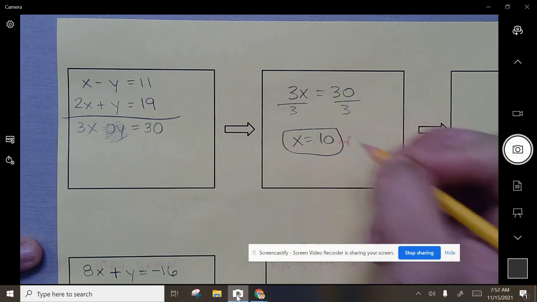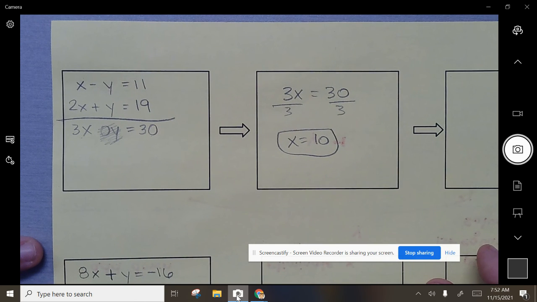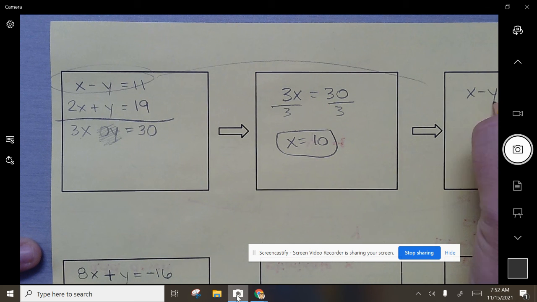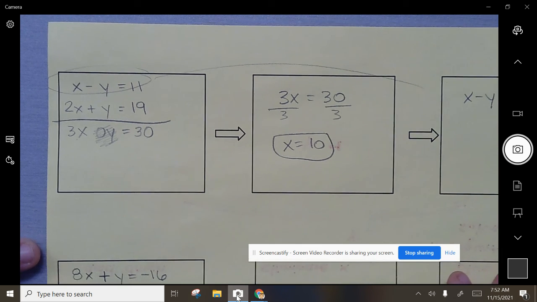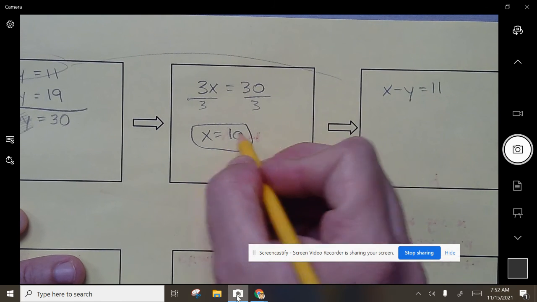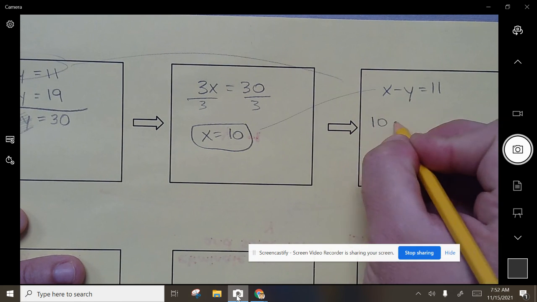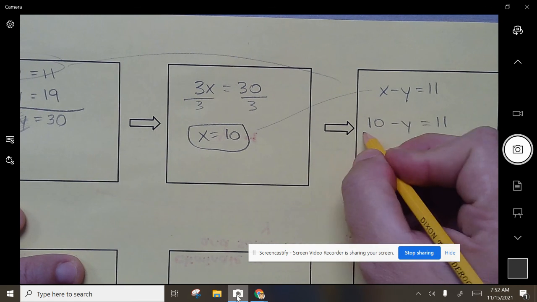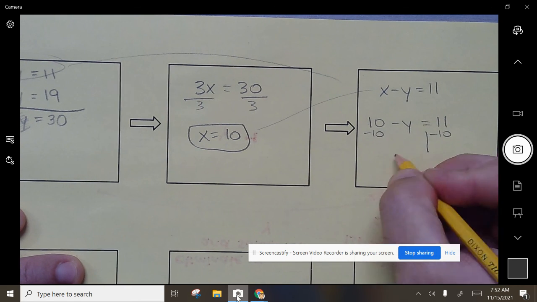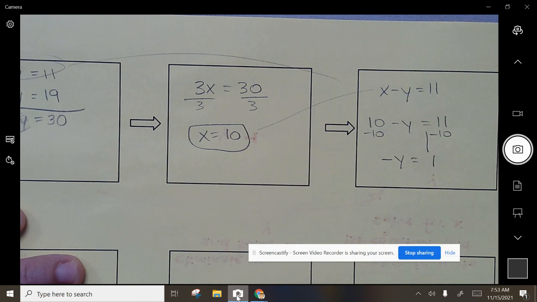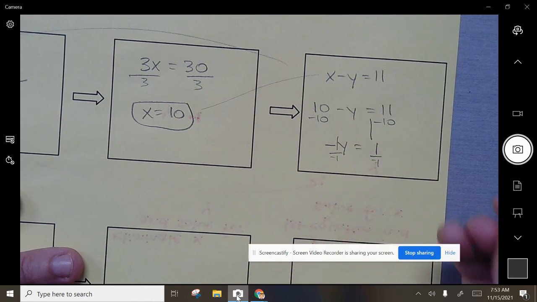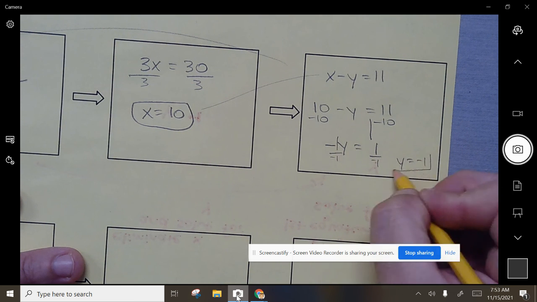You get 10. X equals 10. Rewrite the first equation. You're going to put 10 where x is. So 10 minus y equals 11. You're going to subtract 10 from both sides. Negative y equals 1, and you're never allowed to have a negative y. So basically there's a negative 1y here. We're going to divide by negative 1 on both sides, and y is going to equal negative 1.